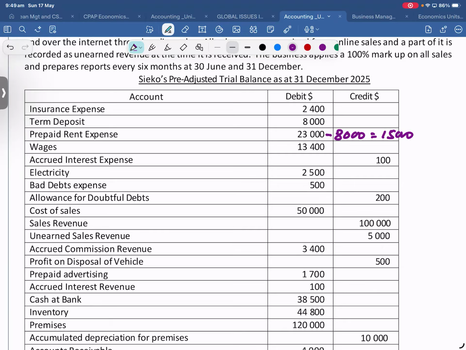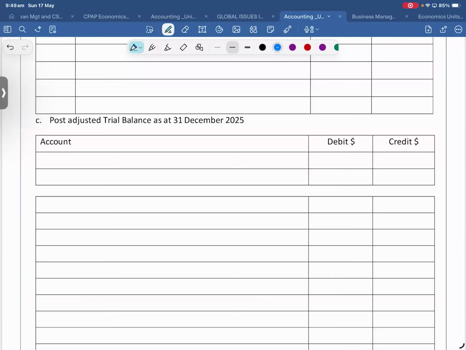Okay, right, let's do it. Go to the post adjusted, guys. Firstly, prepaid rent 15,000. And make sure it's on the debit side.